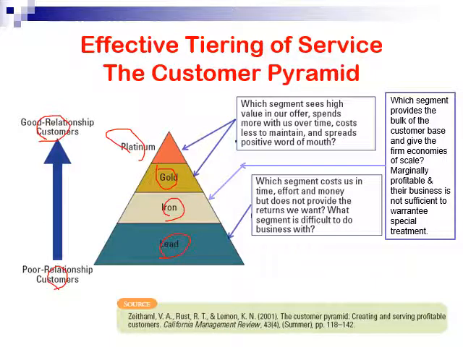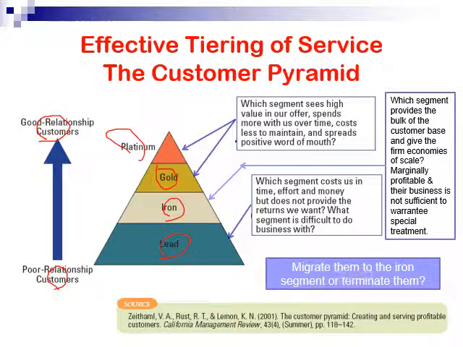The question here is, for the customers at the bottom of the pyramid, in this lead group, you have to decide whether or not to migrate them to the iron level or simply terminate them.